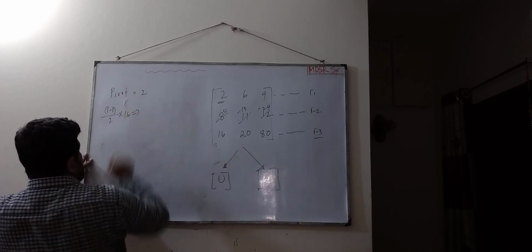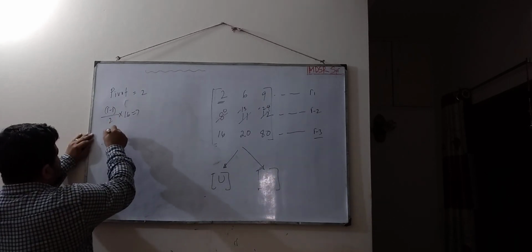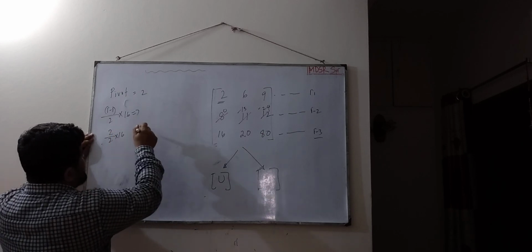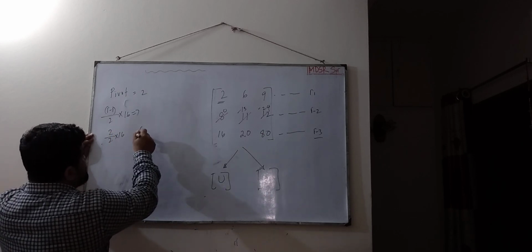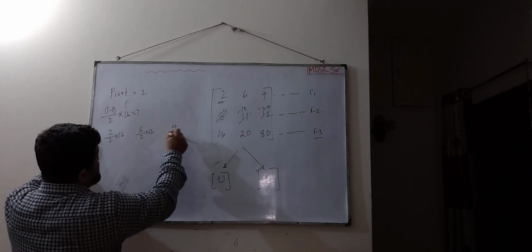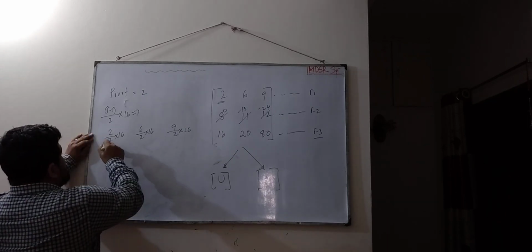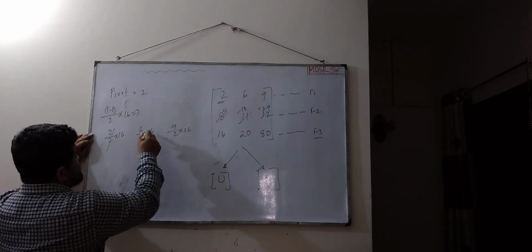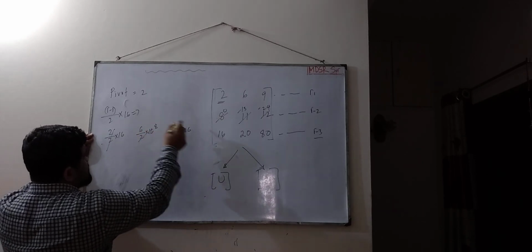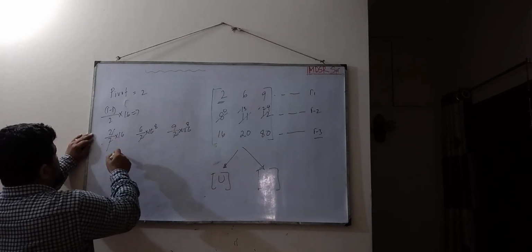So 2 by 2 into 16, then 6 by 2 into 16, 9 by 2 into 16. We cannot really cancel this out, but we can call this 8 times 8, so this one becomes 16.